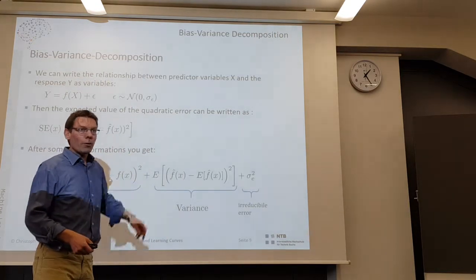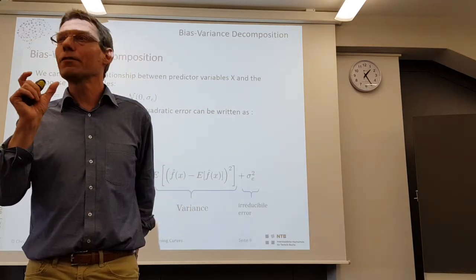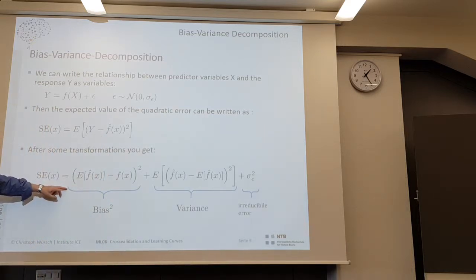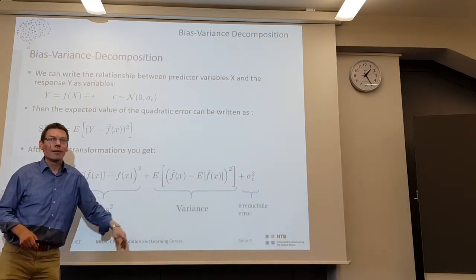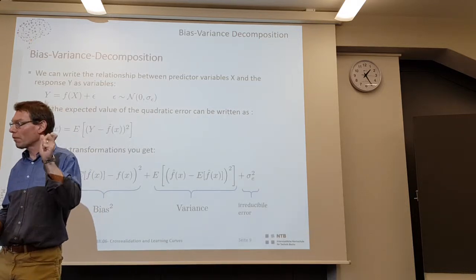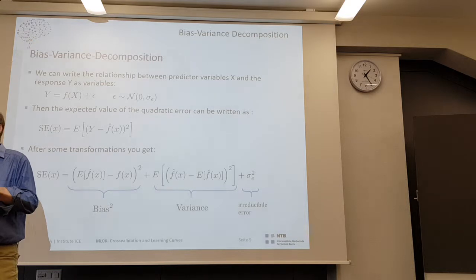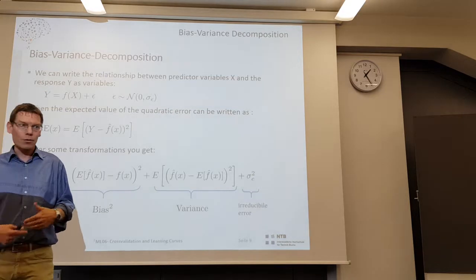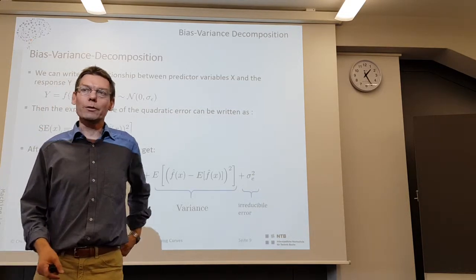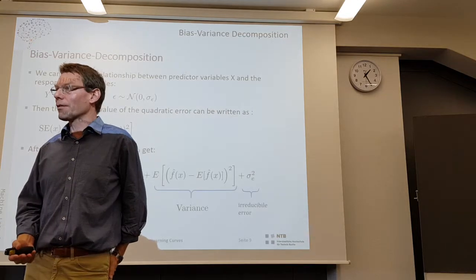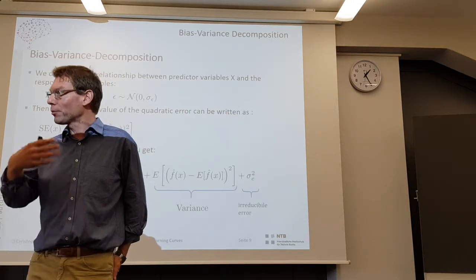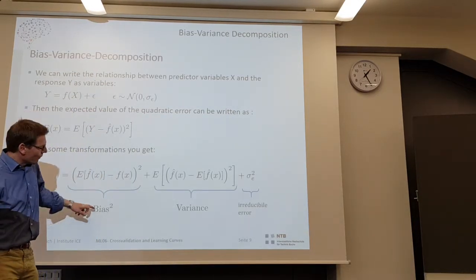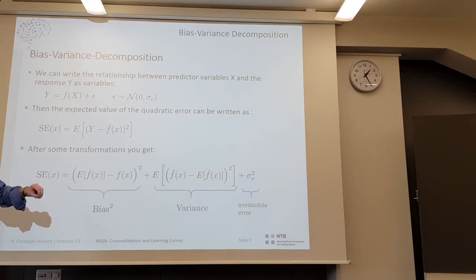If we have a loss function with this quadratic form, we can always decompose it into a bias term, a variance term and an irreducible error, which is really the stochastic part of a model, which we cannot know anything about, because either the process behind it is so complex that we don't have any clue of it, or it's a real random process, like atomic decay or thermal processes, which we cannot control. And that's why this is called the bias-variance decomposition.